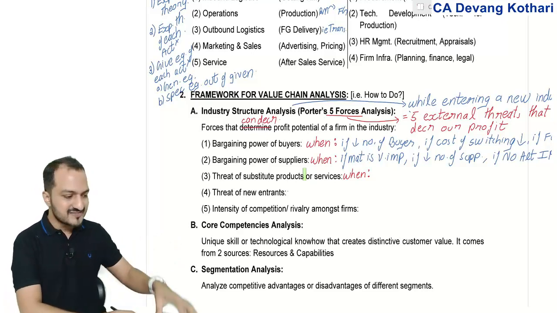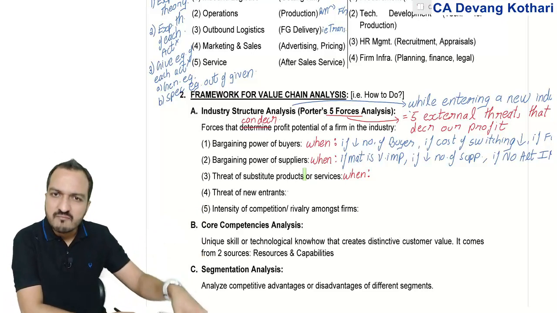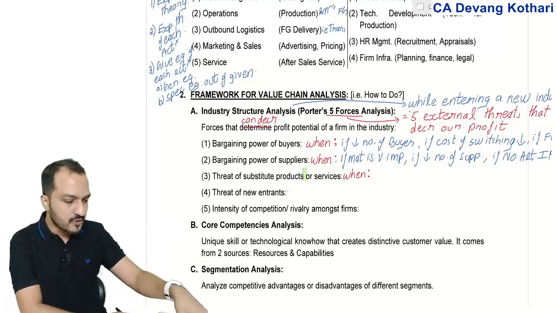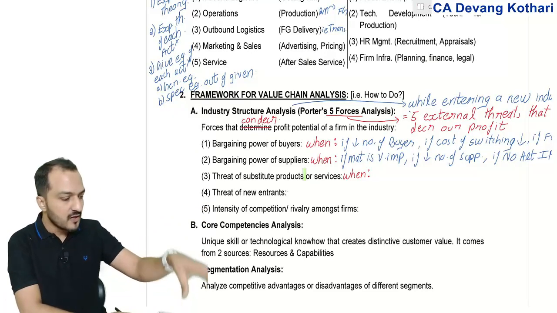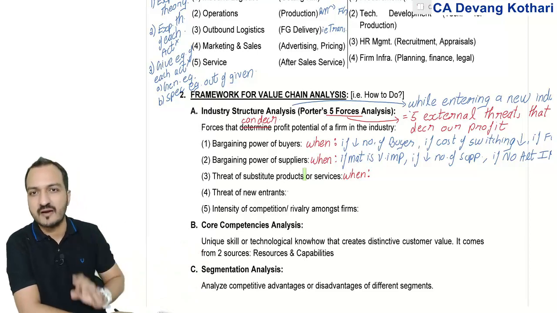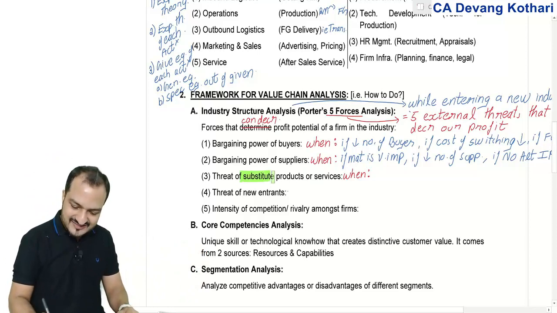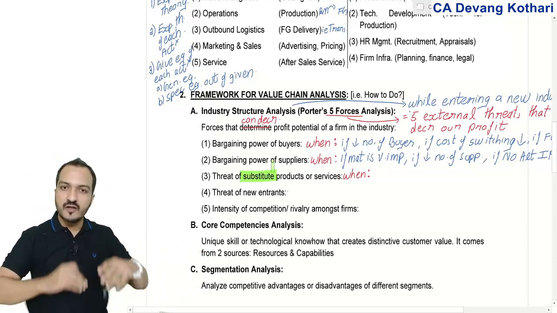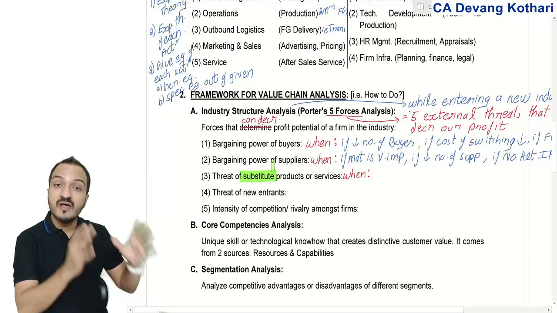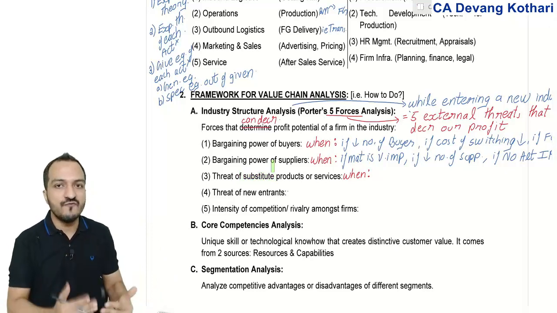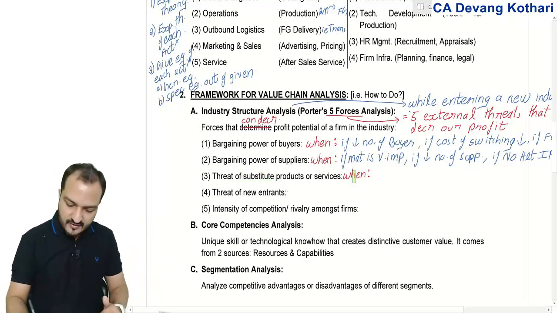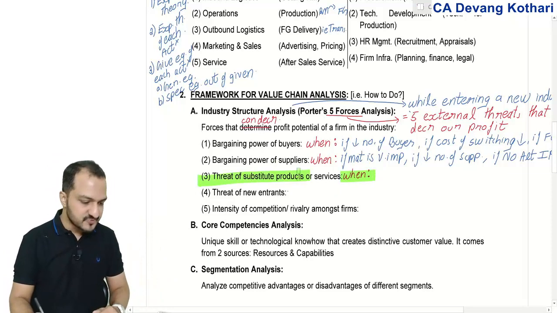So instead of buying medicines of a reputed brand, you buy the same medicine, but it is produced by some local brand, right? Anyway, so just because there is a substitute does not mean it is a threat. The substitute should be available and the customer should be aware of that substitute. So when will the threat of substitute be more?